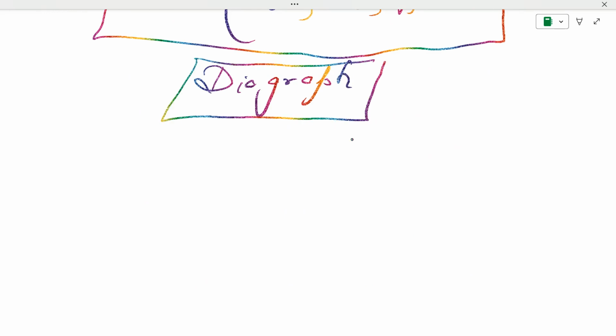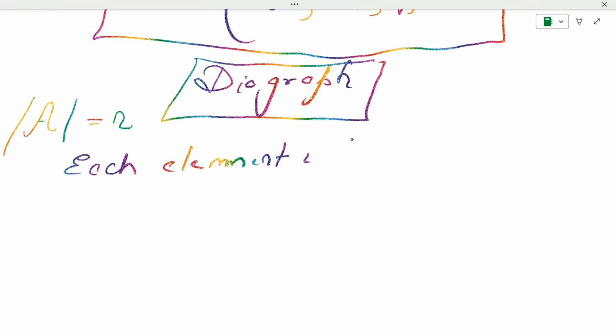So we will be drawing a digraph for the relation R, which is defined on set A. If we have a set A with cardinality n, each element in set A is denoted by a vertex.